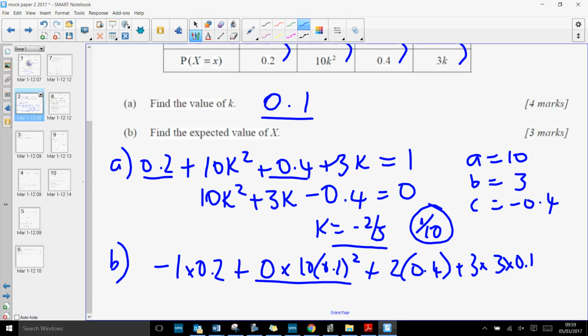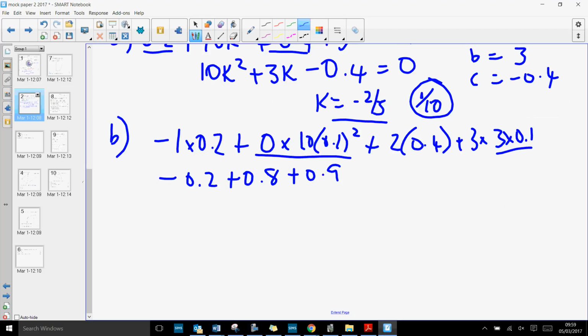Obviously that's going to be 0, so we've got negative 0.2 plus 0.8. 3 times 0.1 is 0.3 times 3 is 0.9. But obviously you've got your calculator, so you don't need to do this in your head. So negative 0.2 plus 0.8 is 0.6 plus 0.9 is 1.5. So the answer is 1.5.